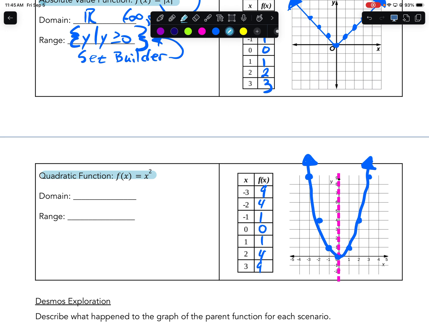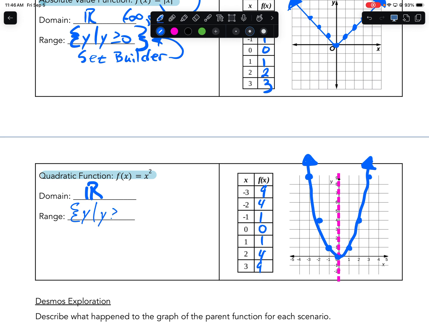So what is the domain, John? All real numbers. All reals. And then if I want to do the range, what's the range, John? All real numbers. No. Boo. Oh no. Y is greater than 0.